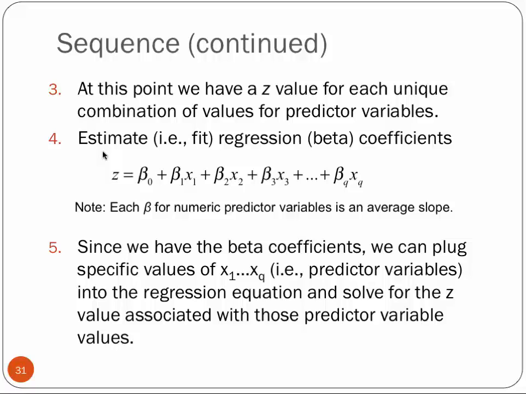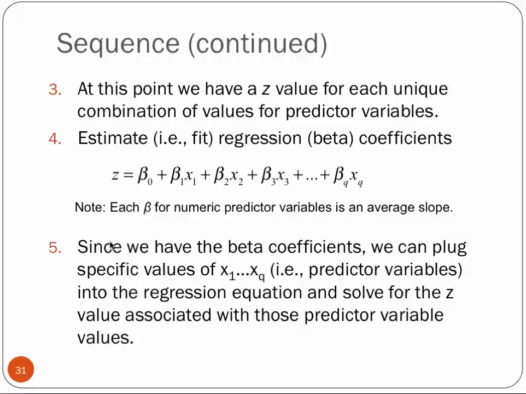So we're going to take all of our Z values, which are those natural logs of odds, and we're going to associate with them the values of the X's, and we're going to let the software do fitting. That's where it will basically take all the known values of X's, and the known value for Z, which we just calculated, and it will figure out which combination of betas does the best job of making that equation work.